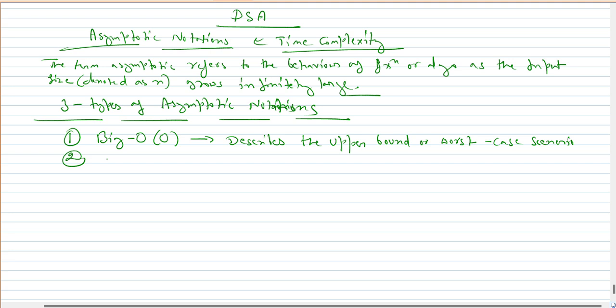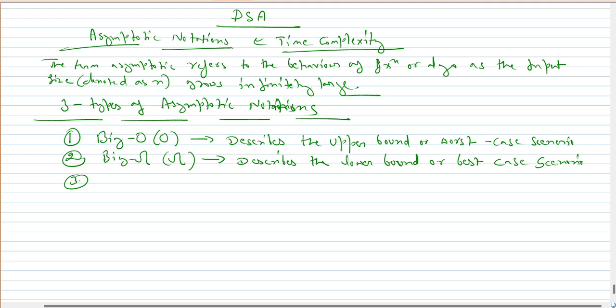The other one is Big Omega, which describes the lower bound or best case complexity, best case scenario.